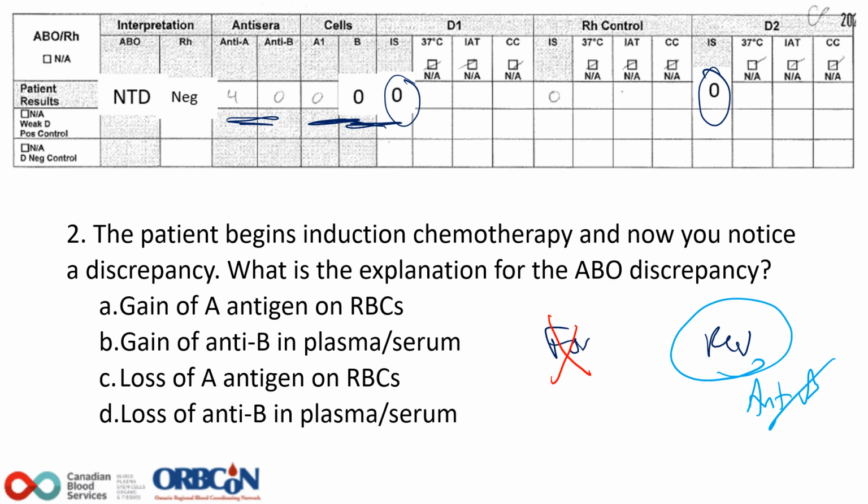So if we take a look at this, gain of A antigen on the red blood cell? No, we know that we haven't gained anything. Loss of A antigen on the red blood cell? No, because we can see it in the forward typing. Gain of anti-B in the plasma or serum? Obviously, we haven't had a gain since we have no anti-B, leaving us with D, loss of anti-B in the plasma or serum.